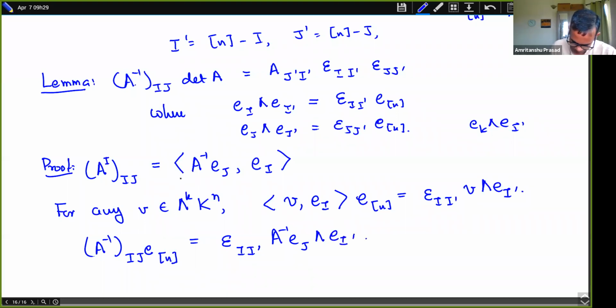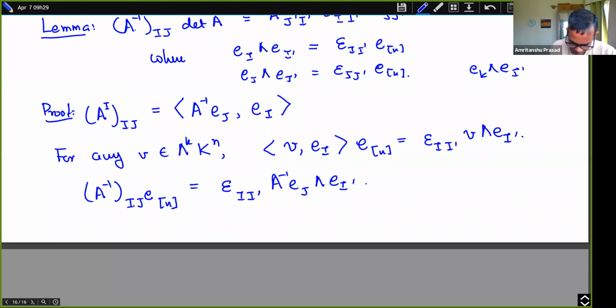That comes from this identity up here. So I have picked out the coefficient. I hope this is clear. This is not in the subscript.